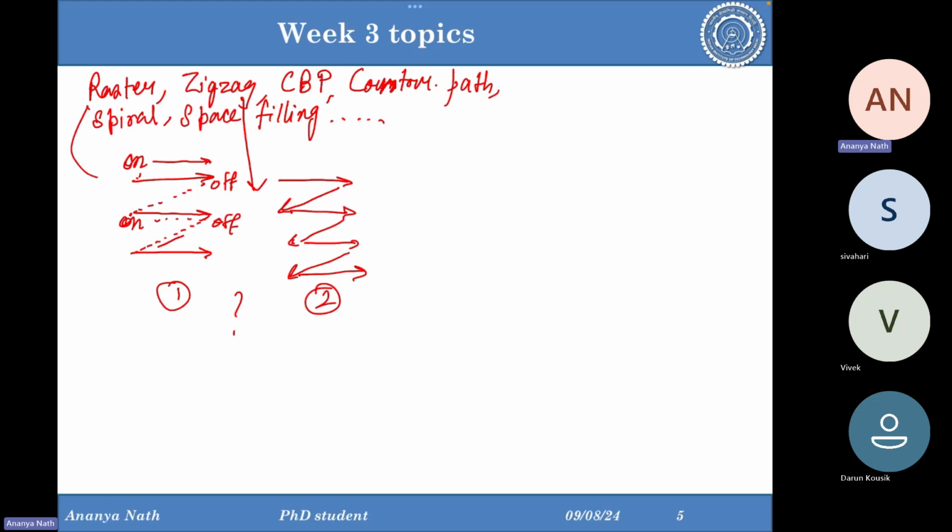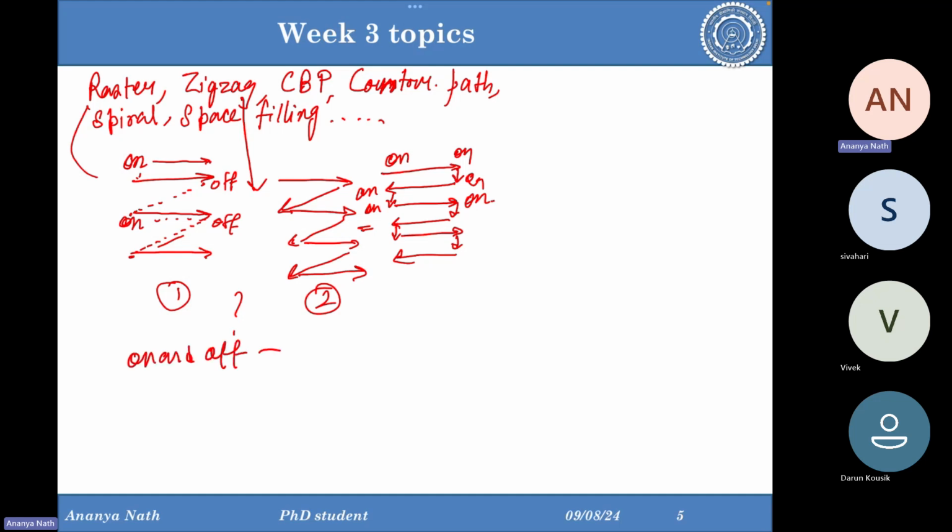But here, if I correctly draw it, it is actually looking like this. Here the nozzle is moving and there is no dotted line, means here also it is on, moving back, on means the material is coming, and off means the material is not coming. So here on and off both are present, means more time.